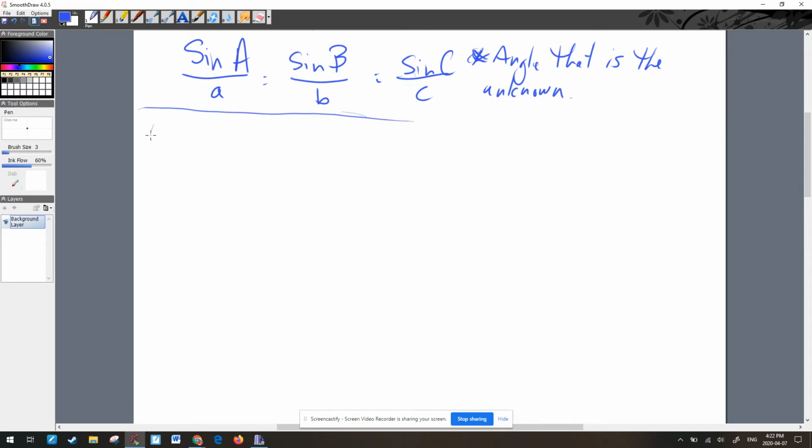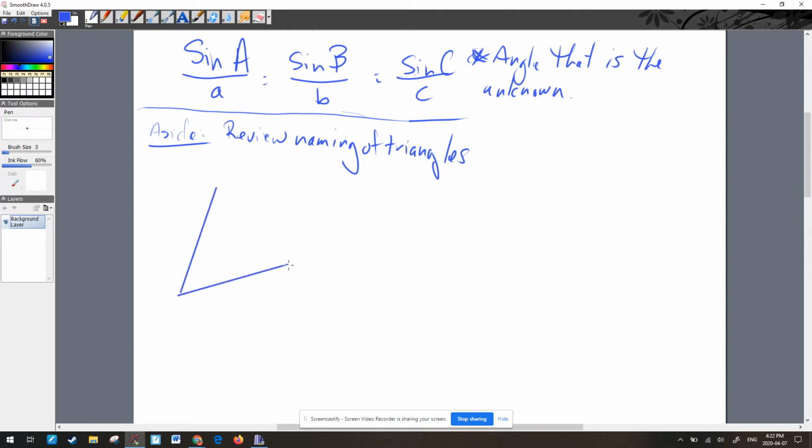Okay, so I'm going to call this an aside, and what I want to do is review the naming of triangles. This ties in exactly to what we have up here. So if we think about any old triangle, so imagine that I had a triangle that looked like this and like this and like this. So here's a triangle.